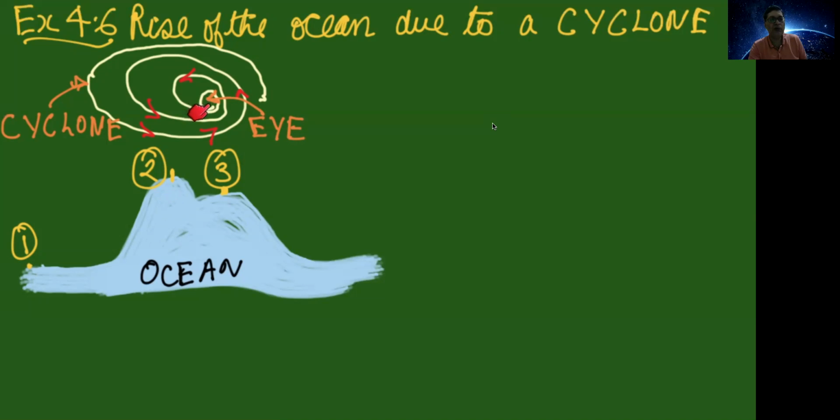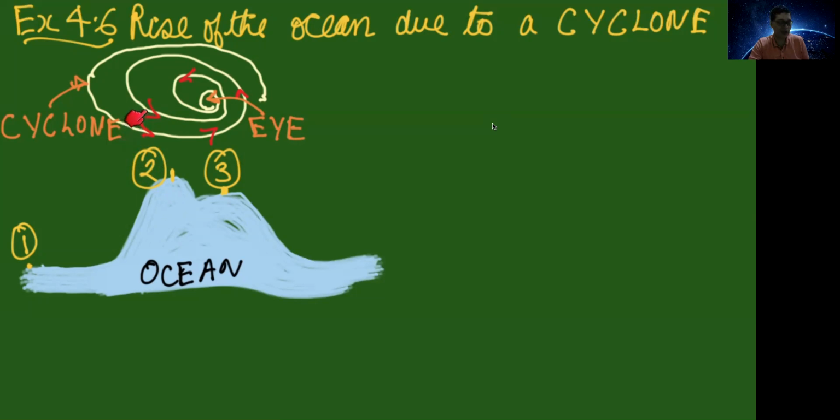Now, typically, when you consider the center of the cyclone or the center of a vortex, the velocity here is very small. But as you keep moving out, the velocity increases. One of the characteristics of a cyclone is that it has a very large wind velocity. Let us suppose at this point the velocity is the maximum velocity in the cyclone.